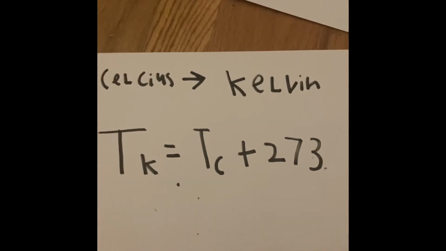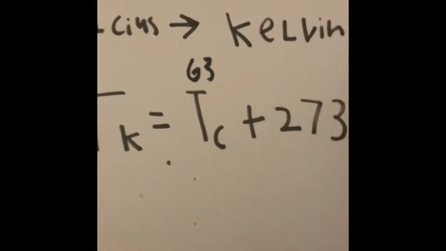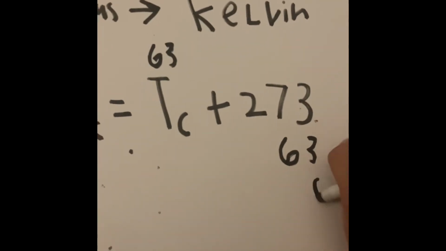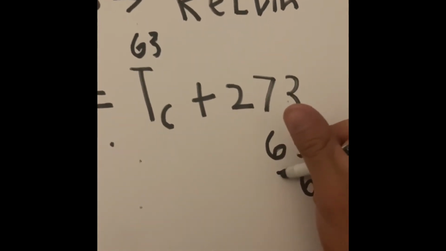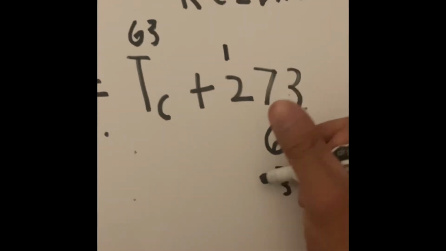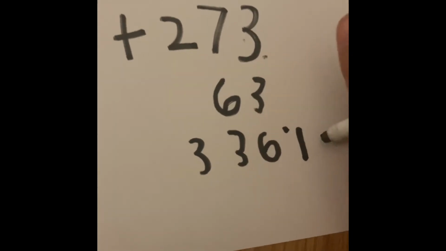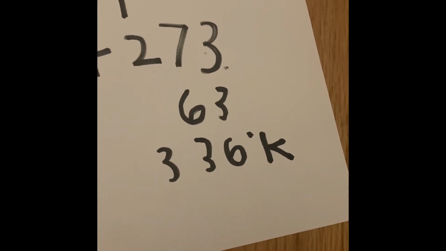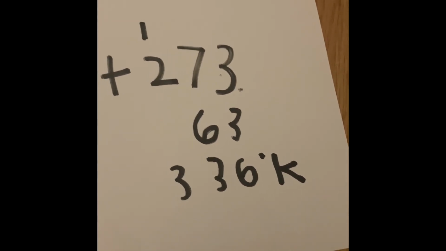You get your Kelvin. So 63 plus 273. Let's see what happens. When we do the addition, we get 336 degrees Kelvin. Always expect a super big number or a super tiny number with Kelvin.